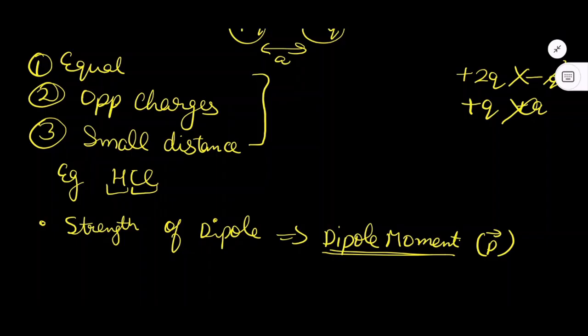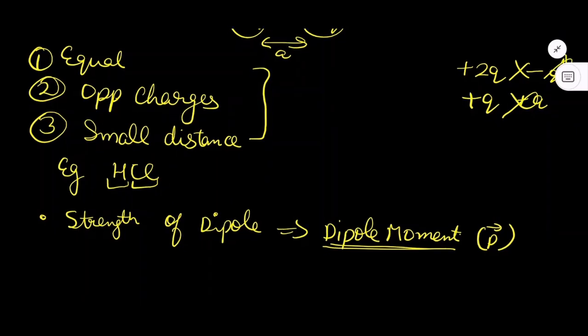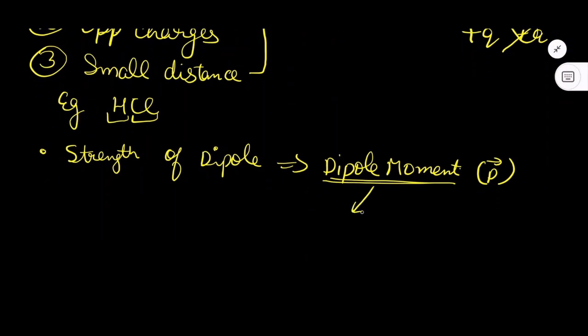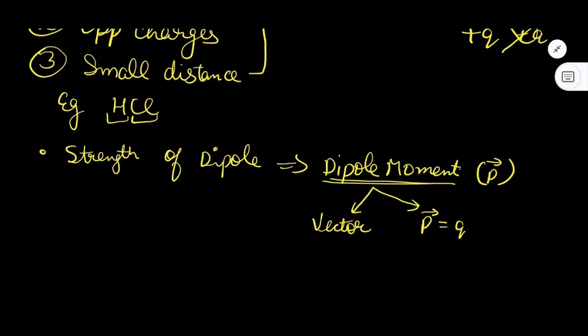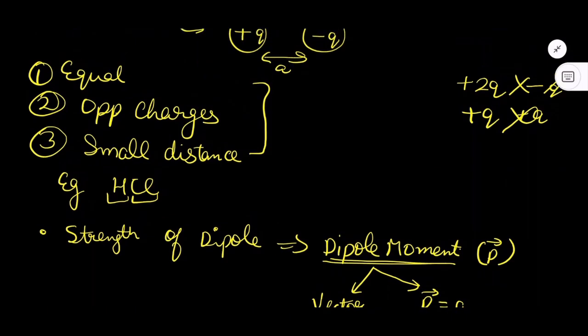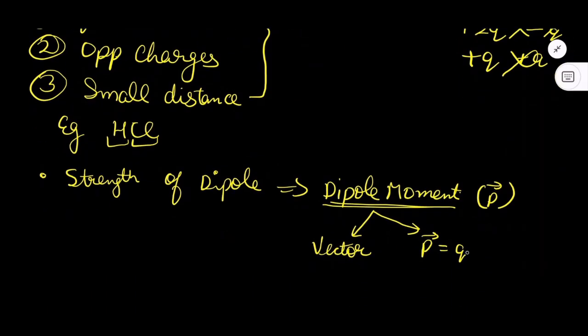It is a vector quantity, and the dipole moment's magnitude will be q into the distance. So q is the charge, and the distance is the separation between the two charges.